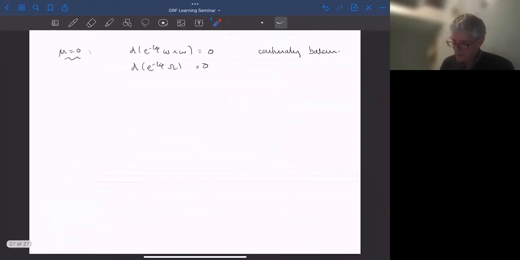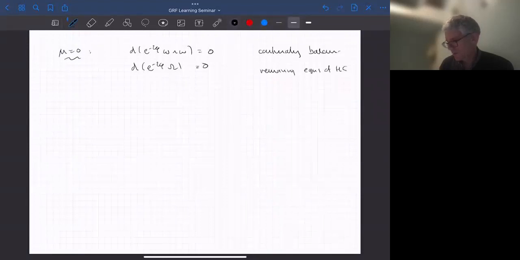So these are the remaining equations, the whole Strominger system.